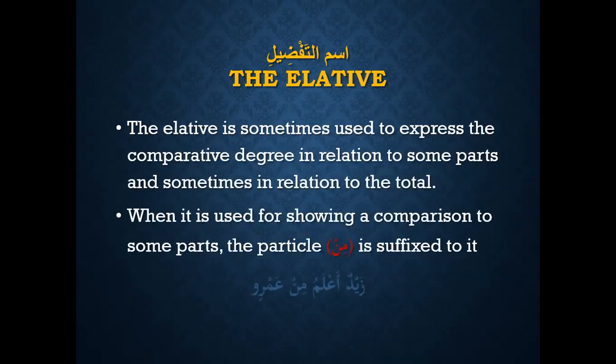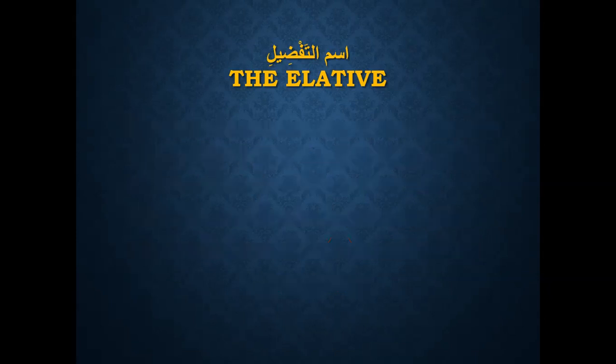And when you use this af'alu as elative, as comparison or a superlative degree, then you use either min: Zaidun a'lamu min fulan, someone is more knowledgeable than someone else. Zaidun a'lamu min amrin.